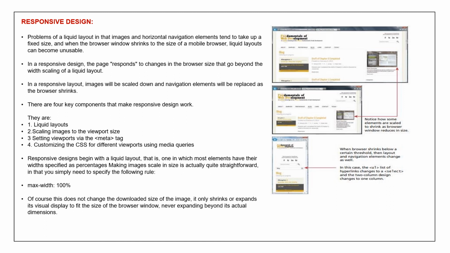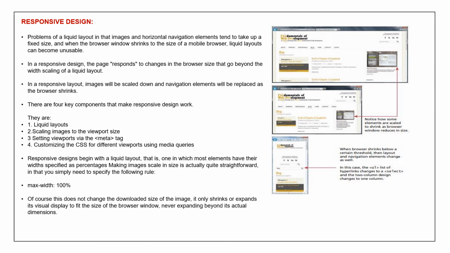Responsive design. The problem of a liquid layout is that images and horizontal navigation elements tend to take up a fixed size, and when the browser window shrinks to the size of a mobile browser, liquid layouts can become unusable. In a responsive design, the page responds to changes in the browser size that go beyond the width scaling of a liquid layout.